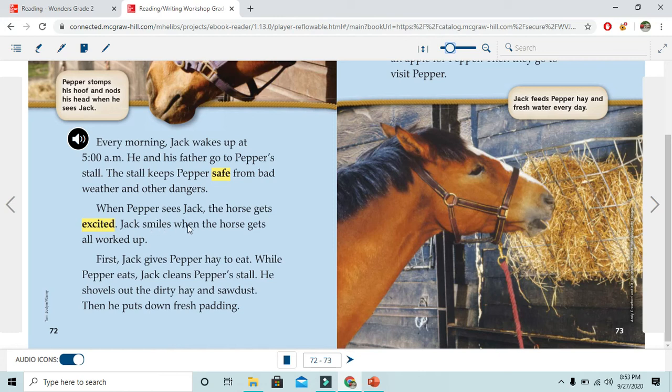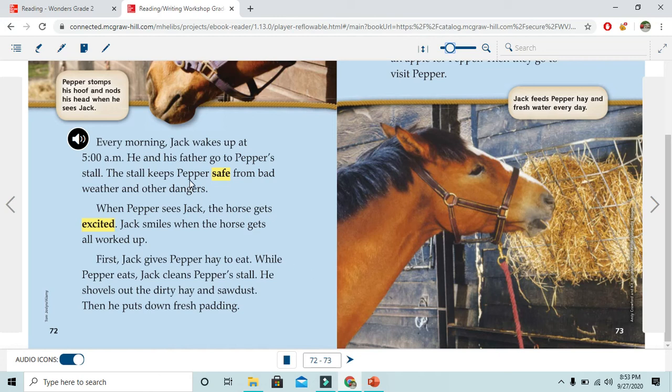Jack smiles when the horse gets all worked up. First, look at first here, we use the comma. Jack gives Pepper hay to eat. While Pepper eats, Jack cleans Pepper's stall. He shovels out the dirty hay and sawdust. Then he puts down fresh padding.